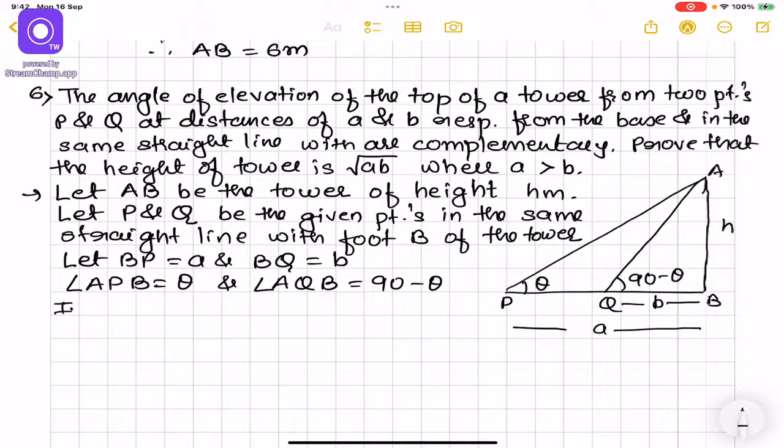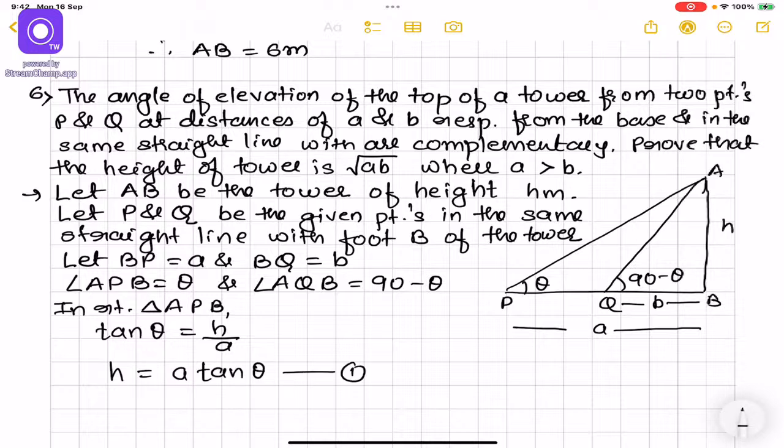So, in right triangle APB, tan theta will be H upon A. So, H equal to A tan theta.